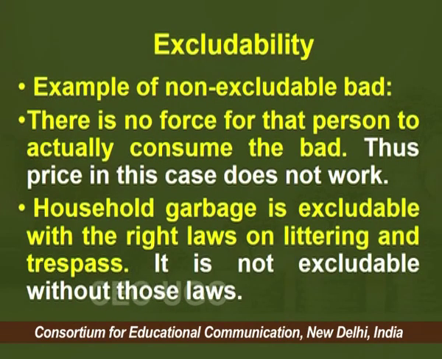Household garbage is excludable with the right number of laws on littering and trespass. It is not excludable without those laws. So, to guarantee excludability in a bad such as garbage, one needs the right system of laws that will ensure non-littering in an area or community.